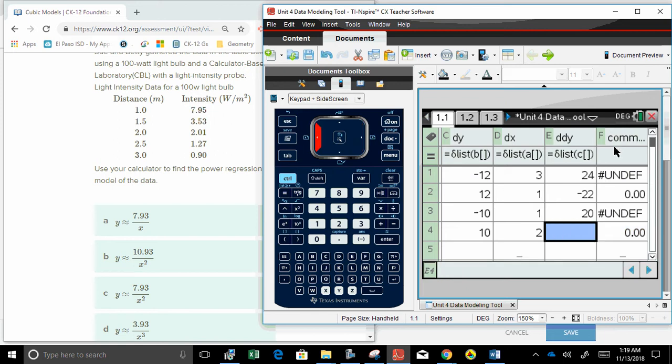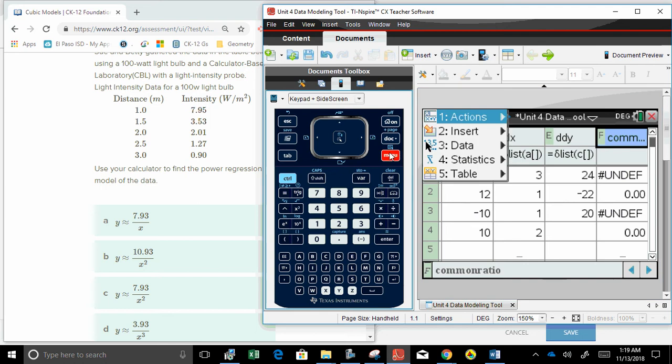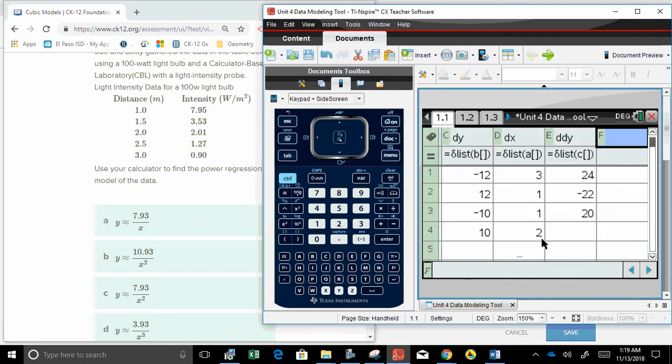You'd have to insert more columns to see the differences. It needs to be 4 differences.